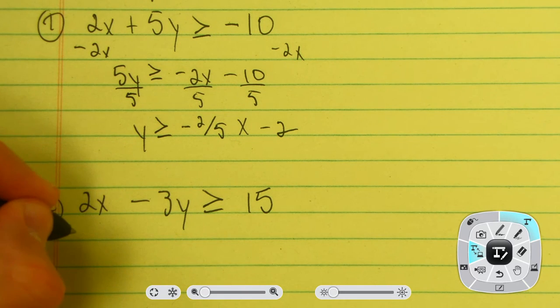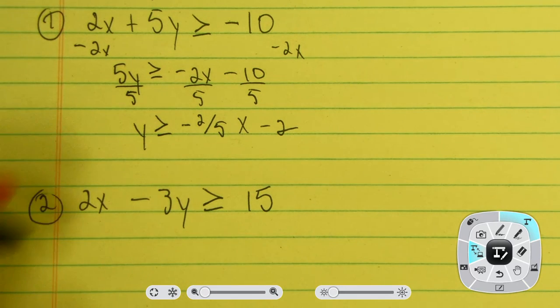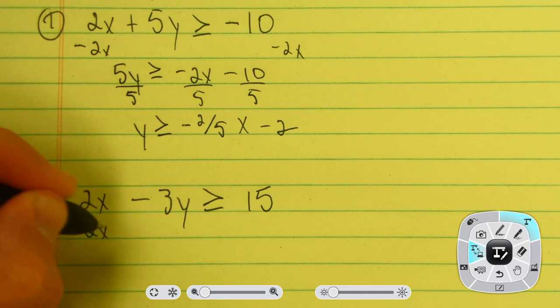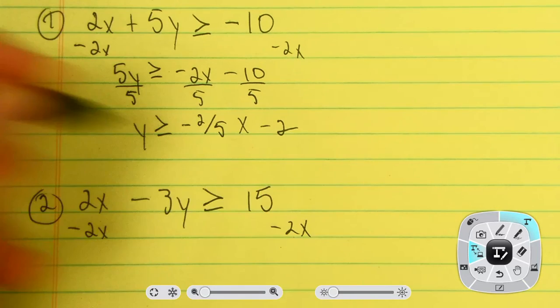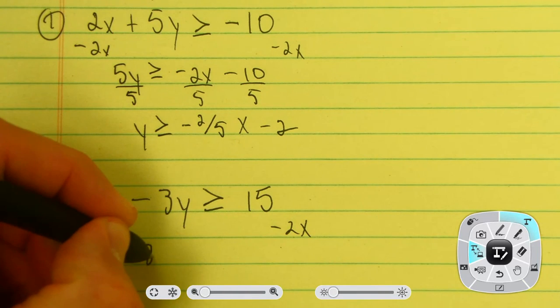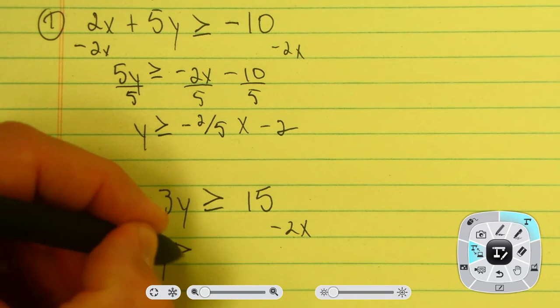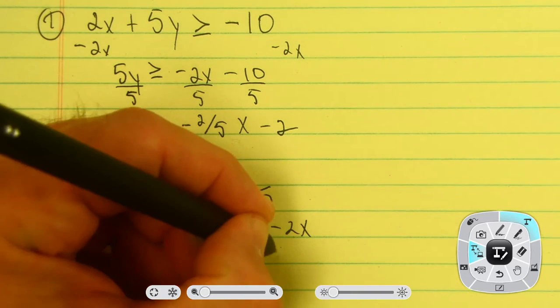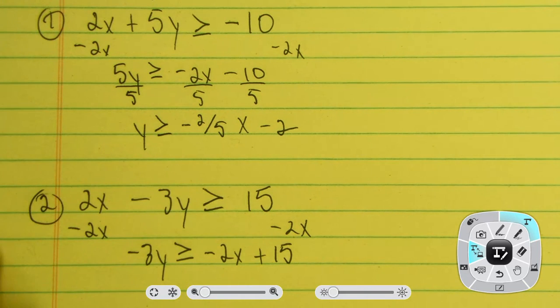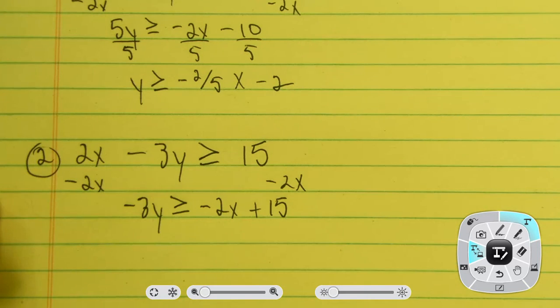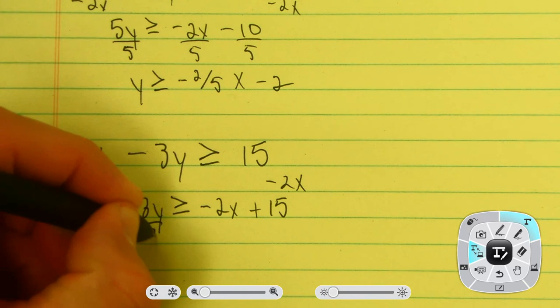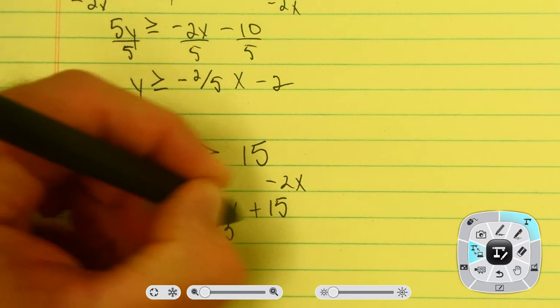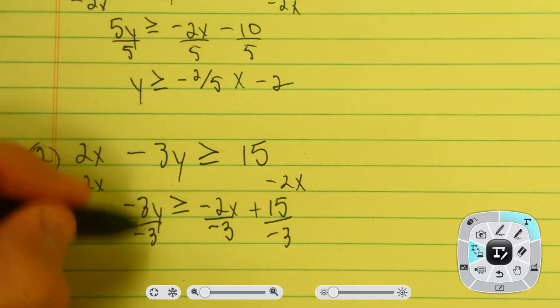Let's look at number 2. Number 2 is very similar. Subtract 2x from both sides, and I get negative 3y is greater than or equal to negative 2x plus 15. Now I'm going to divide by negative 3. Those cancel.